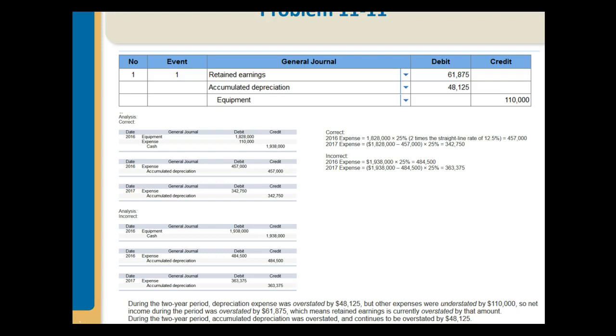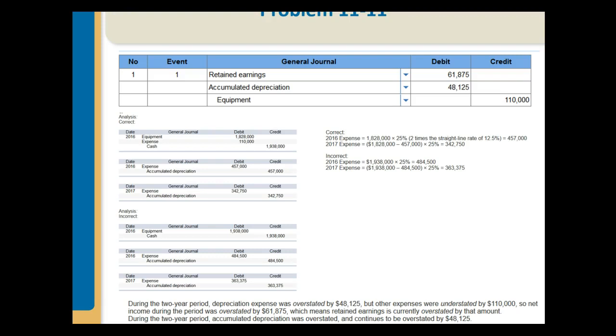Depreciation expense during that 2-year period was overstated by $48,125. But other expenses were understated by $110,000. So the net income during the period that was overstated was the $61,875. So that's why the retained earnings is currently overstated by that amount.